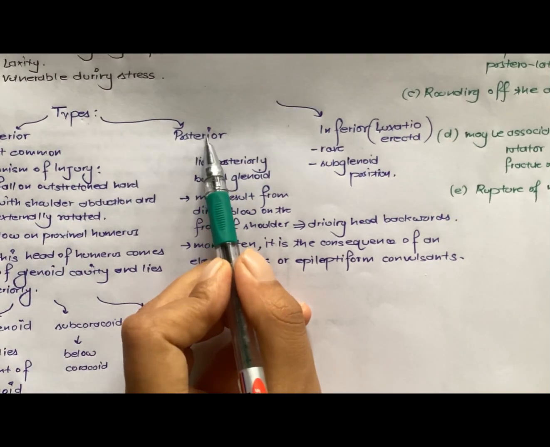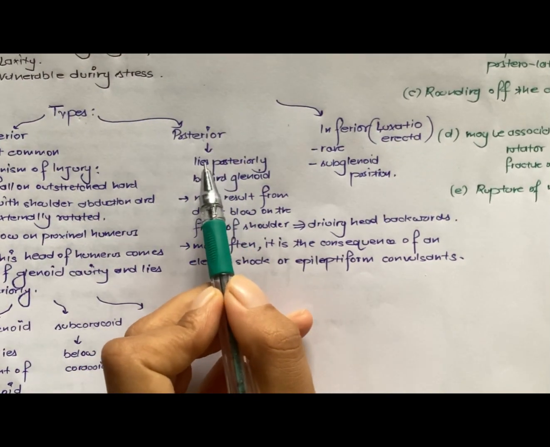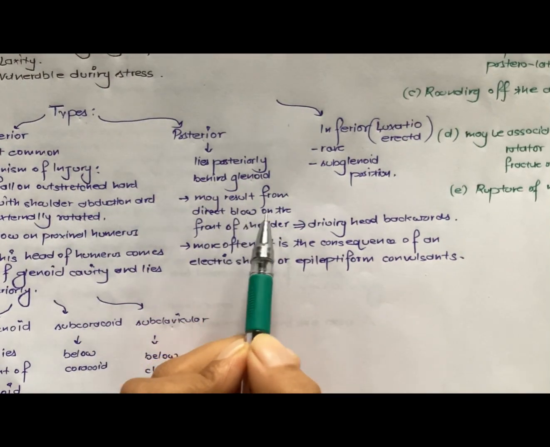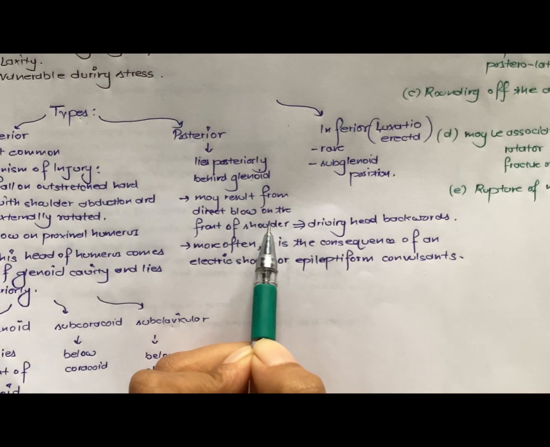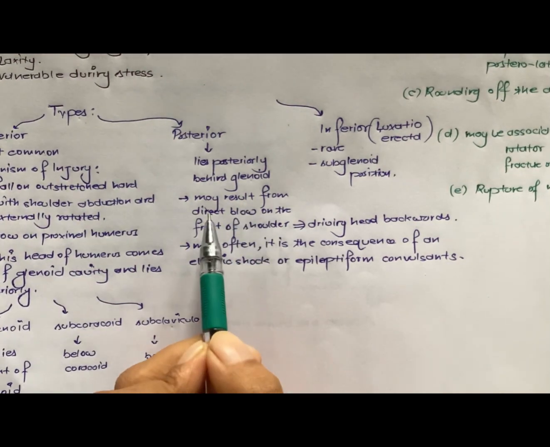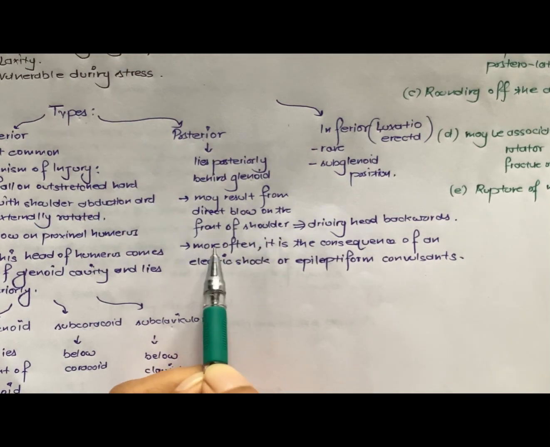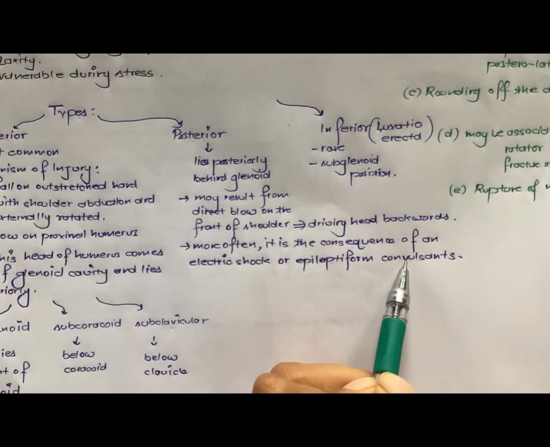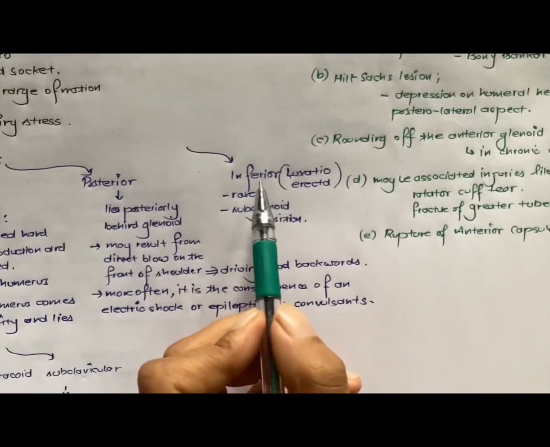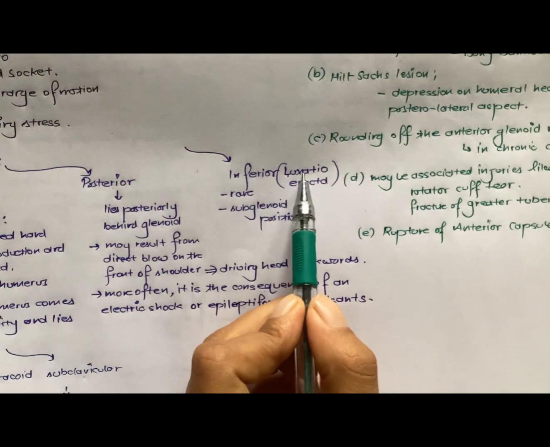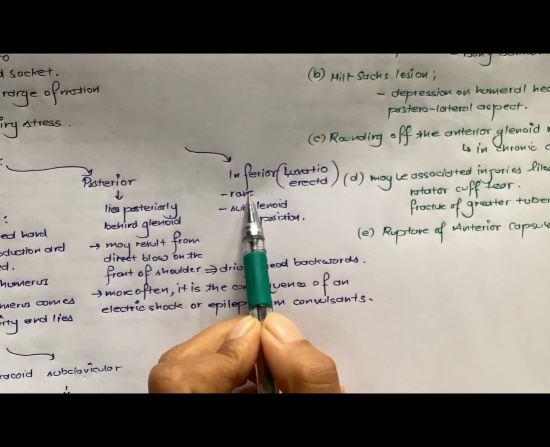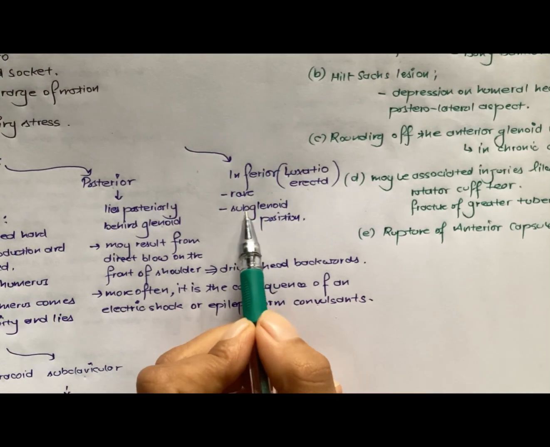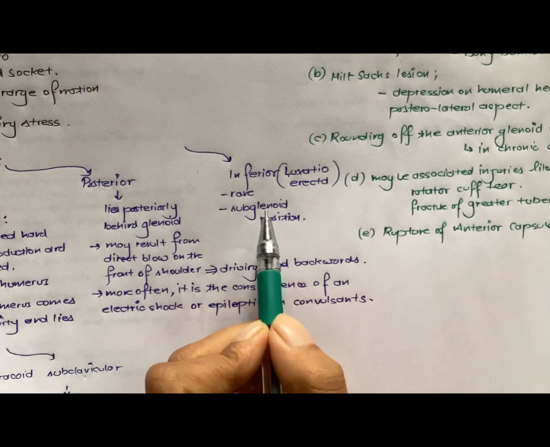In posterior dislocation, the head of the humerus lies posteriorly, behind the glenoid, and it may result from a direct blow on the front of the shoulder, and more often it is the consequence of an electric shock or epileptiform convulsions. Now talking about the inferior one, it is also known as luxatio erecta, and it is a rare one. In this type of dislocation, the head of the humerus lies subglenoid, that is below the glenoid cavity.